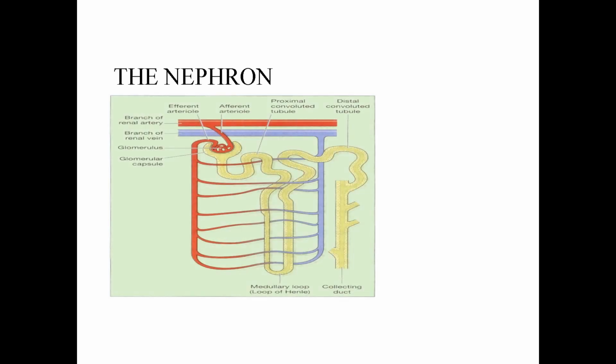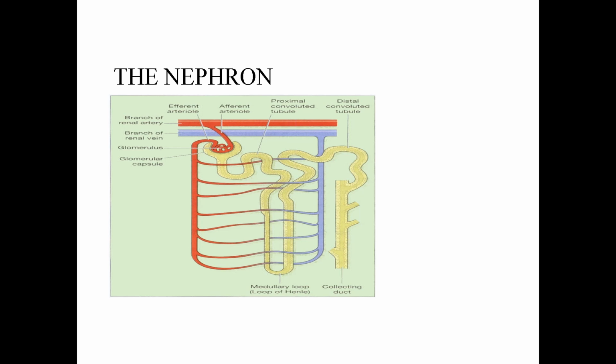Let's take a look at the anatomical structure of the nephron. So the nephron is a functional unit of the kidney. The cortex and the medulla are the functional tissue of the kidney, and the functional tissue of an organ is known as the parenchyma.